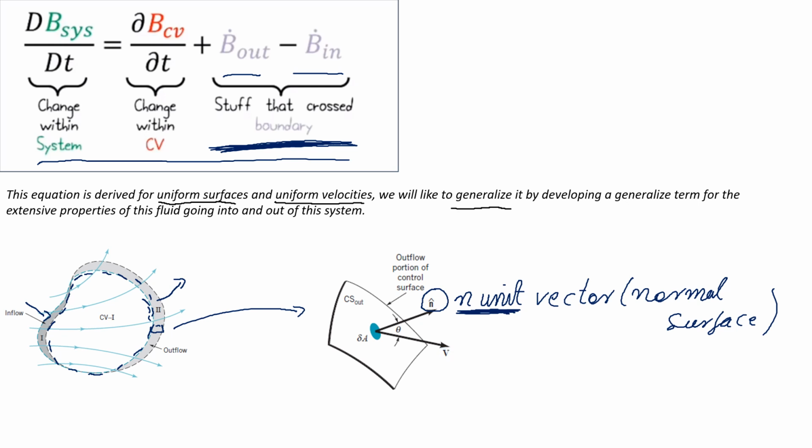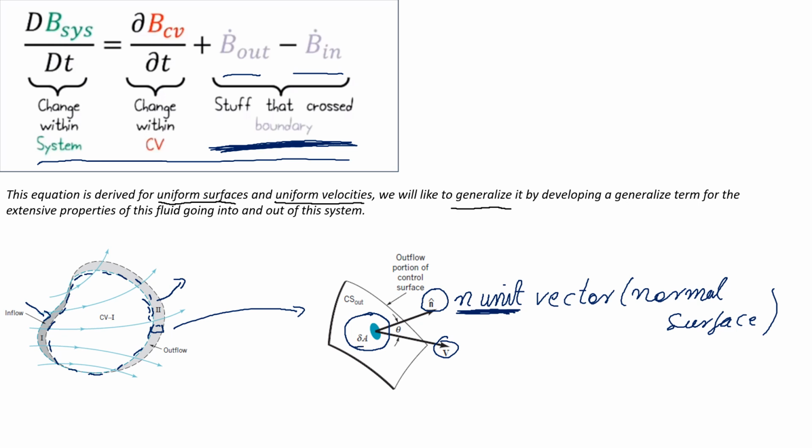So if we take a dot product, and we are taking a small area, that is delta A here, and we are drawing these vectors for this small area delta A, that is my unit vector n and my velocity vector v.